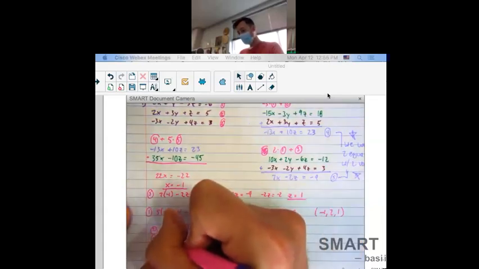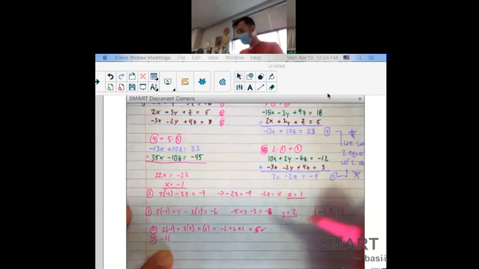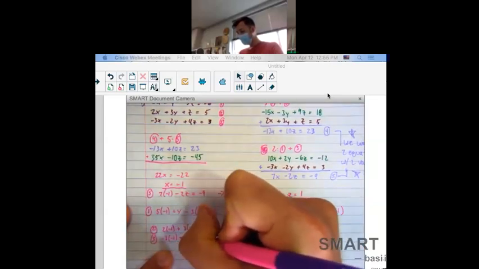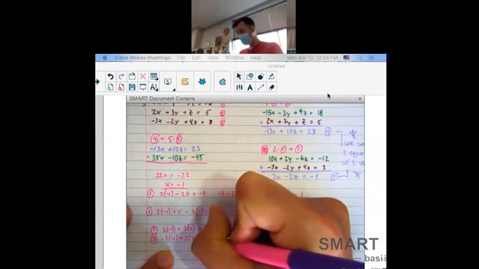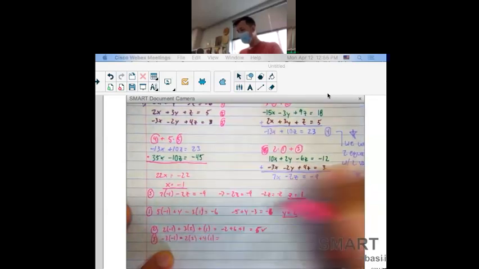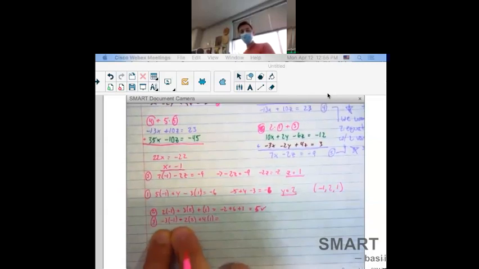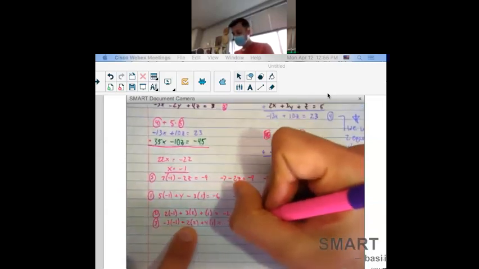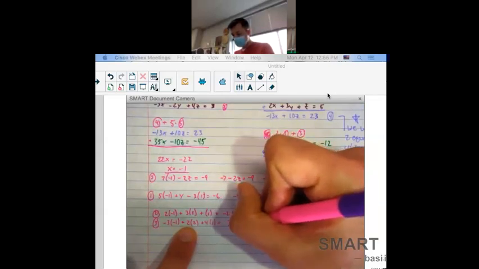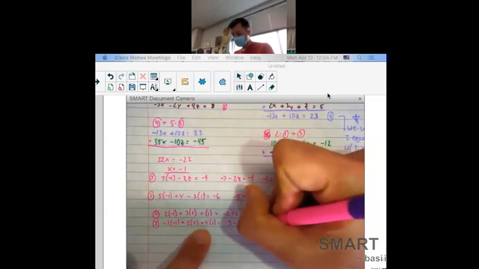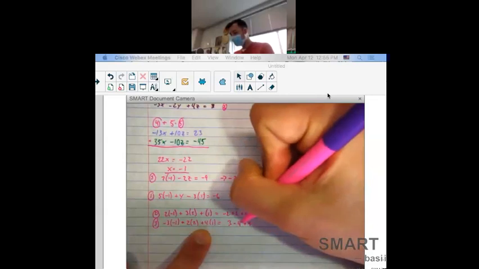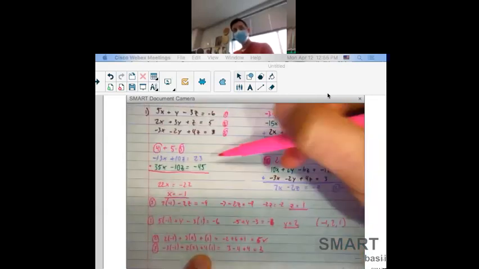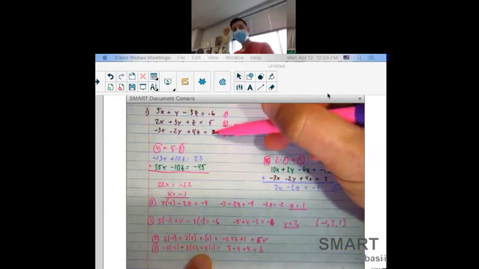Just because it works for 2 of them does not mean it'll work for all 3. So plugging the numbers back into equation 3, so that would give me positive 3. That's a minus sign, sorry. That's a 4 plus 4. So 3 minus 4 plus 4, those cancel, leaving me with 3. Which is what this is supposed to be equal to, 3.